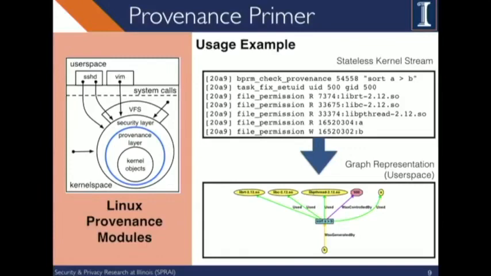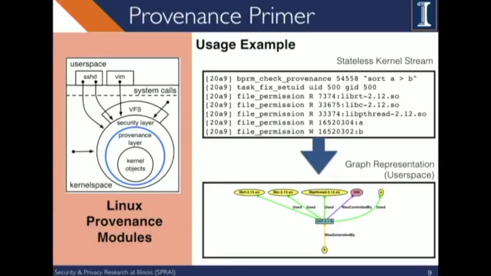So I'm not going to talk about it at length today because I'd like to talk about some newer stuff. But in prior work, I introduced a provenance collection mechanism that can reliably collect this data provenance in the presence of such an attacker, called Linux provenance modules.